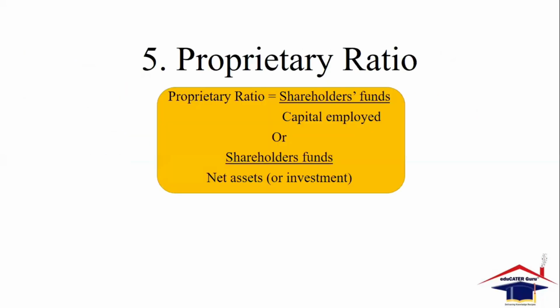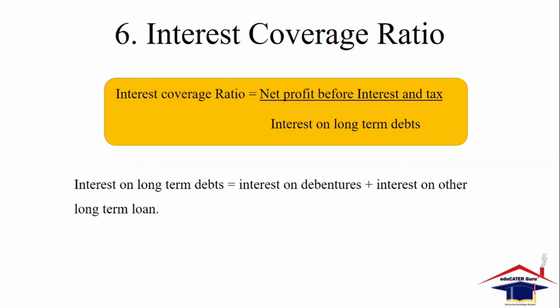Next, proprietary ratio. Proprietary ratio is shareholders' fund divided by capital employed or divided by net assets. Next, interest coverage ratio. The interest coverage ratio formula says net profit before interest and tax divided by interest on long-term debts.